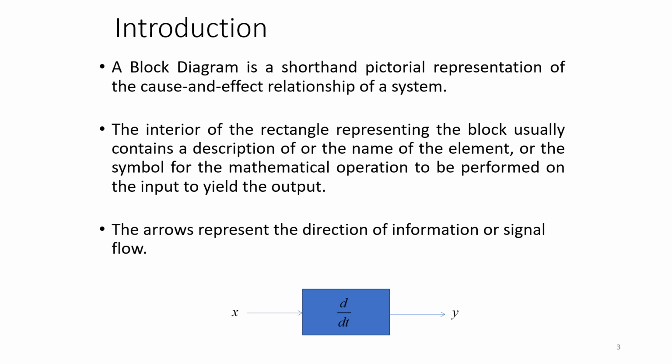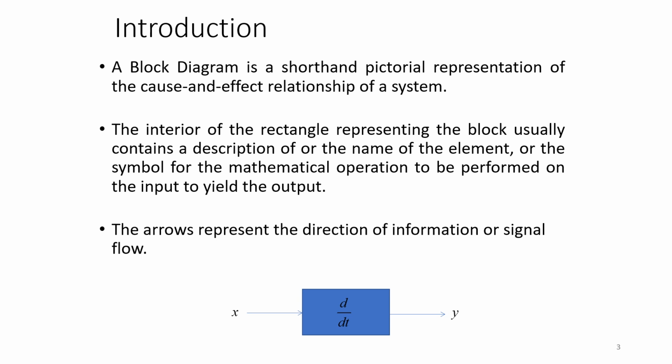Now coming to the introduction part, a block diagram is a shorthand pictorial representation of the cause and effect relationship of a system. In a simple form, it is nothing but a pictorial representation of the operation you are going to perform in a particular system.